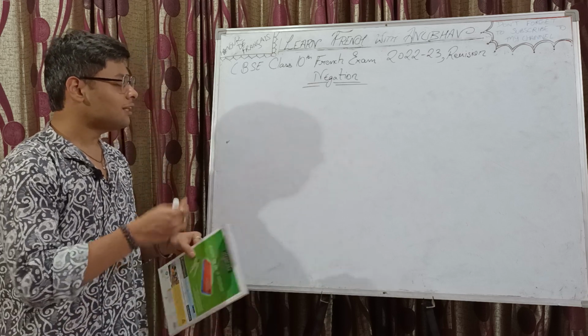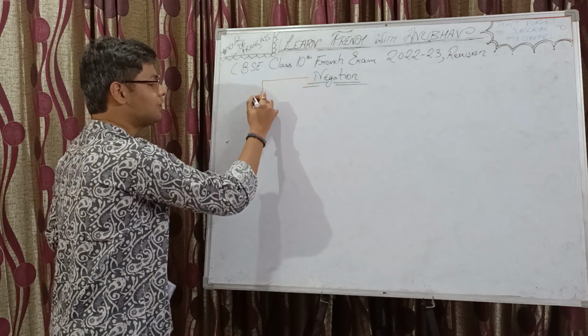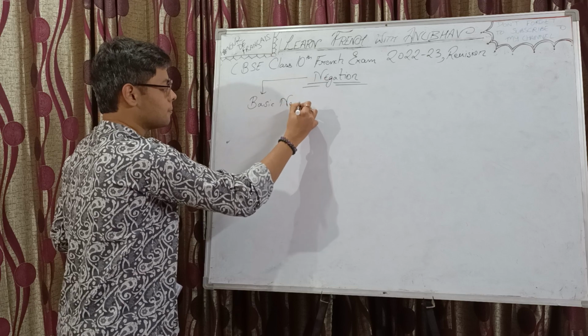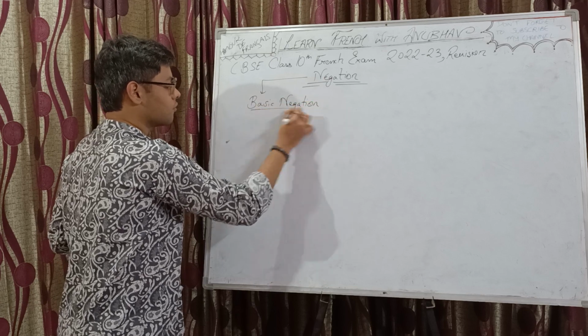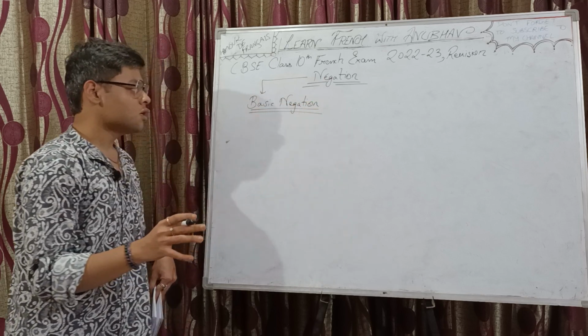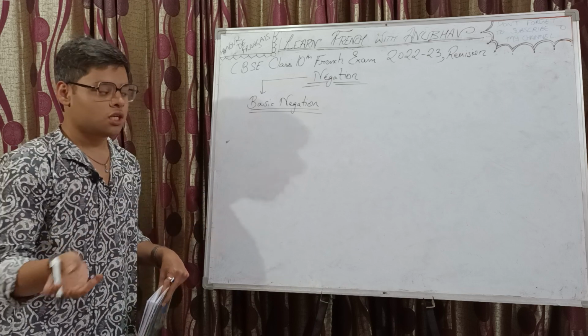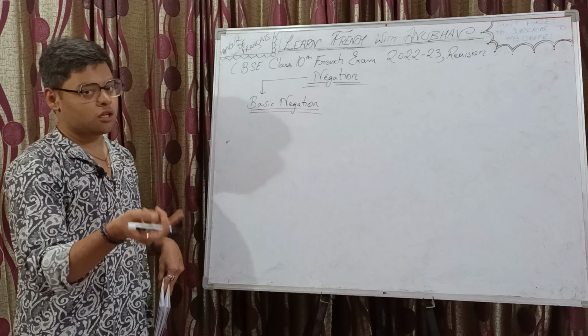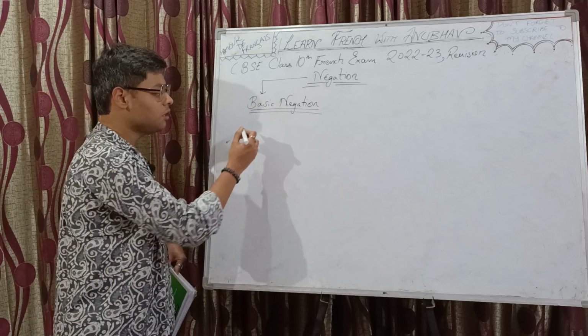So, first we are going to talk about the basic negation in French. Negation is what? Converting an affirmative sentence into a negative one. That's negation. And how do we do that?